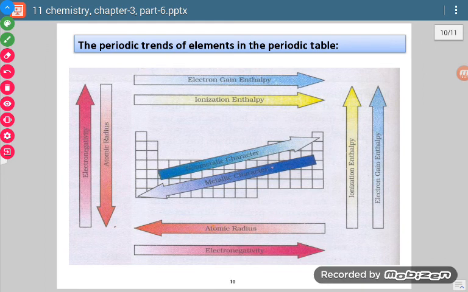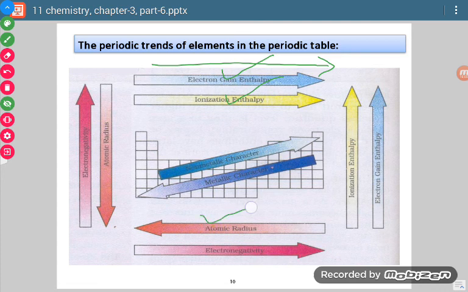Now in general we can see again how the trends are, and which side the arrow is, showing the increasing character. If I am moving from left to right, then electron gain enthalpy and ionization enthalpy values will increase.